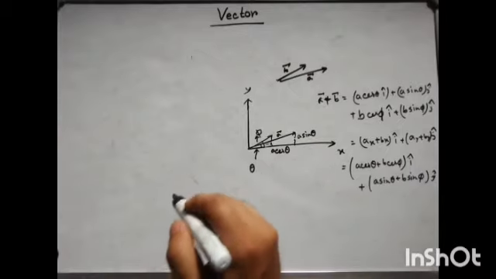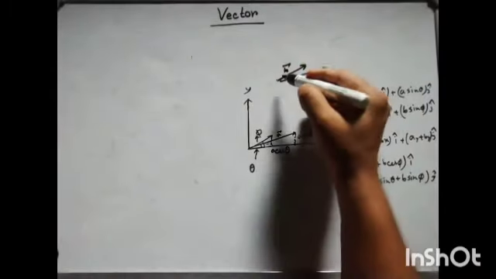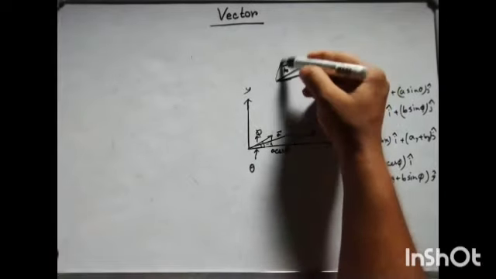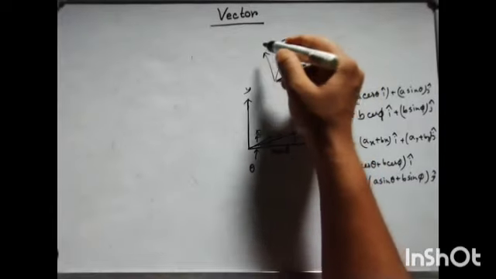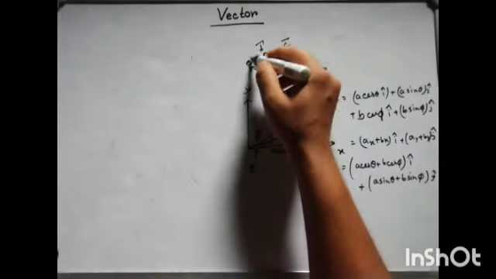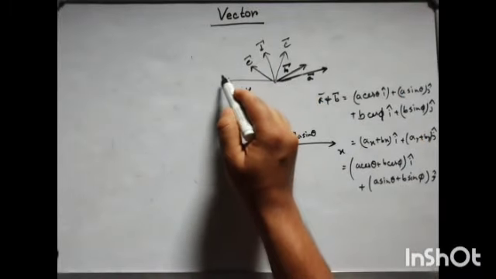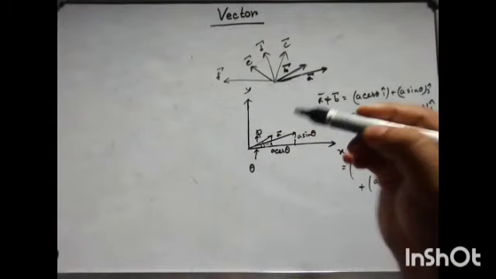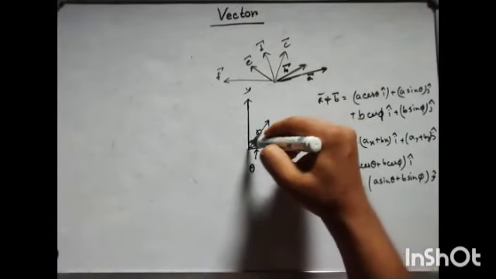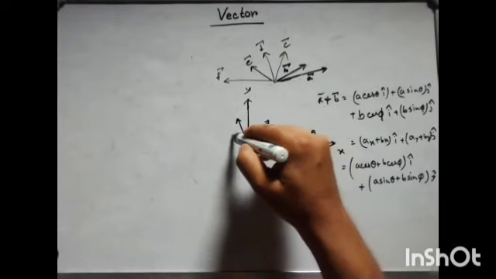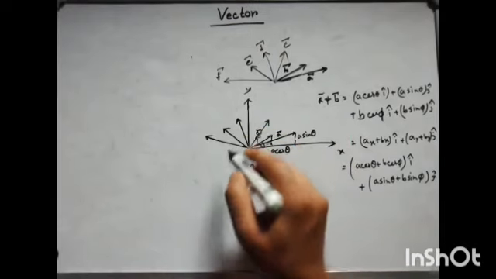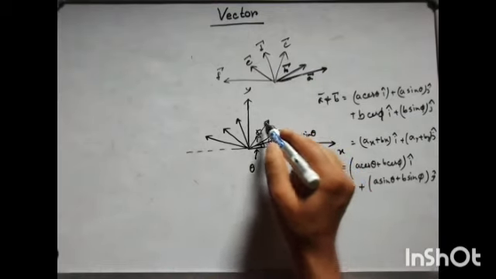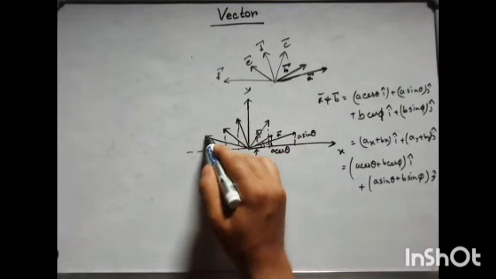So in this way, if suppose I have given you to add many vectors, suppose this is c vector, suppose this is d vector, suppose this is e vector, suppose this is f vector, so you can take a rectangular coordinate and then you can draw these vectors. Then you can find x components of every vector.